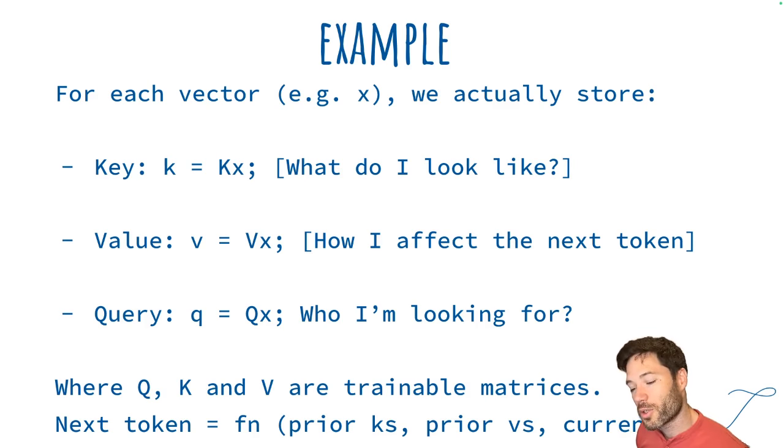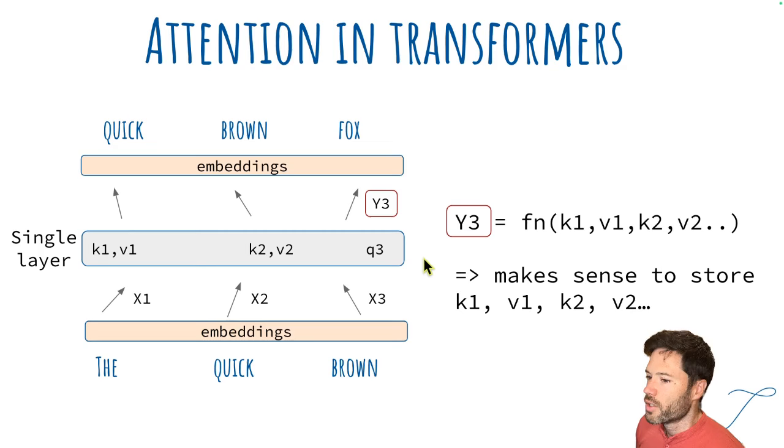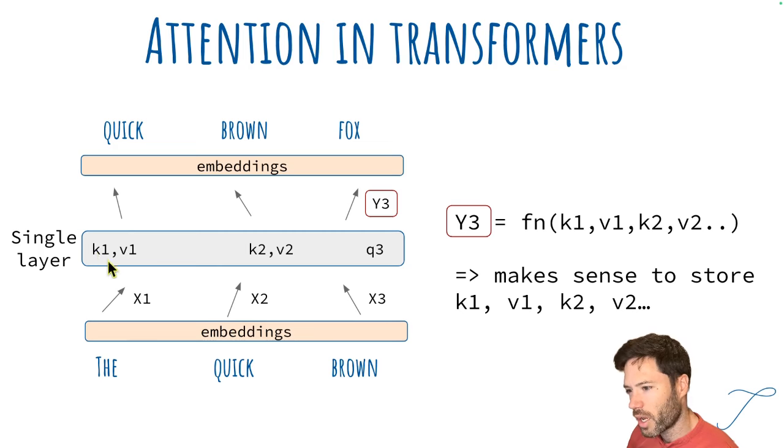So yeah, this is how you store the meaning, the vector X. You actually store transformed versions, which are the key K, what do I look like, and the value V, how do I affect the next token. So here we have the same representation, but I've just written in here inside the attention layer, I'm going to store the K1 and V1 from this X1 vector, and I'm going to store the K2 and V2 from this vector, and Y3 is going to be a function of these Ks and Vs, which themselves are trainable constants multiplied by the input vectors X1 and X2.